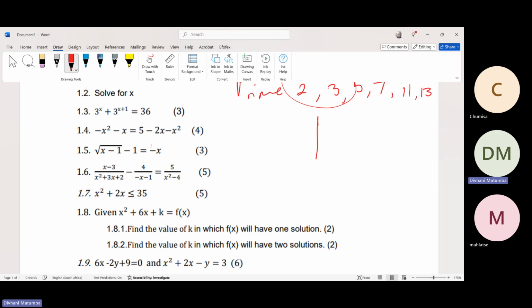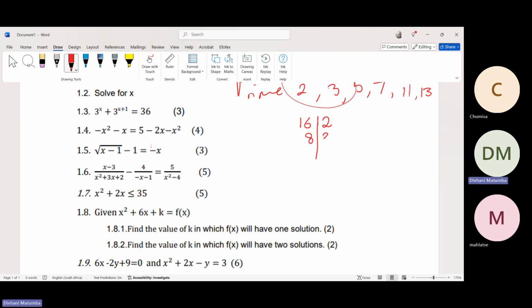So if you have 16, the first number that you have to divide with is going to be 3. Can you divide 16 by 3? No, sir. Then we move to 2. If we divide 16 by 2, we get 8.